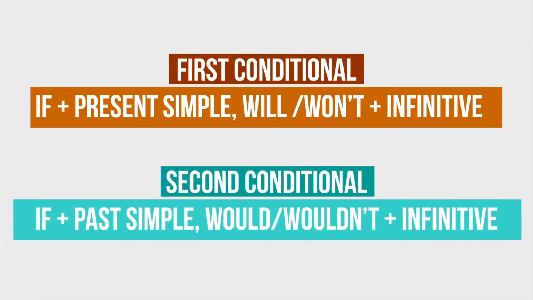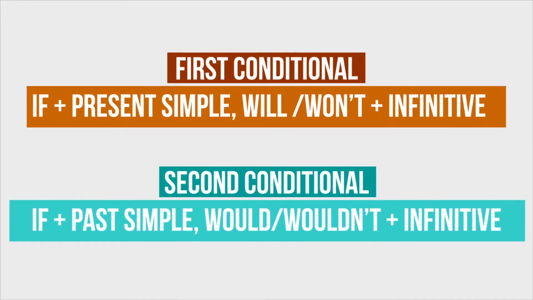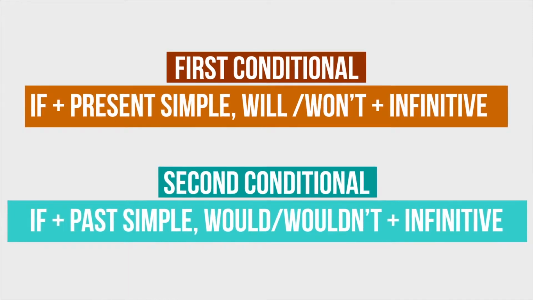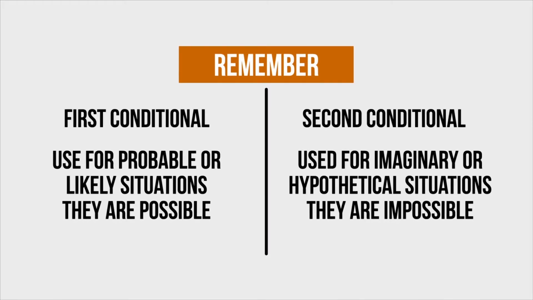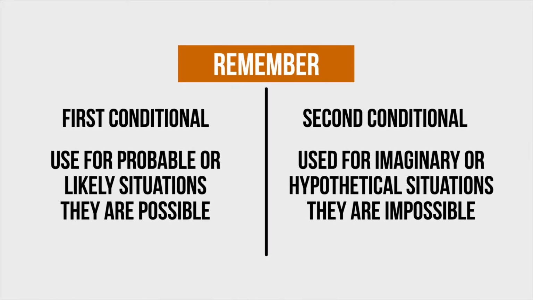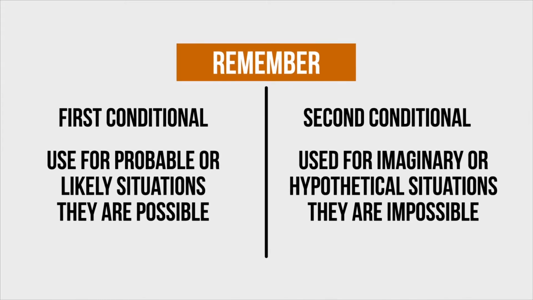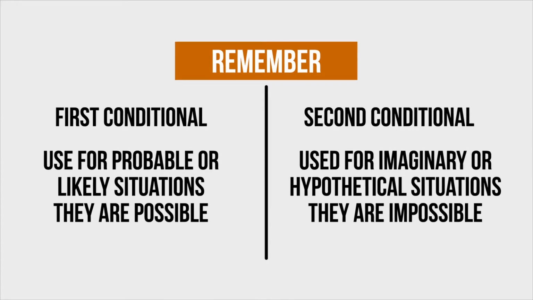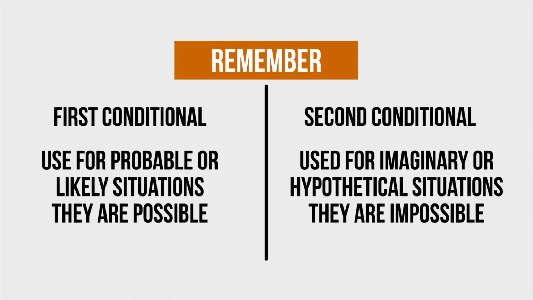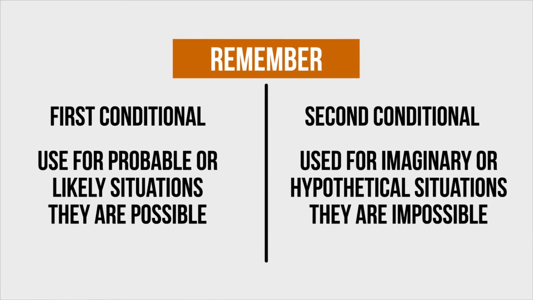If plus past simple, comma, would or wouldn't plus infinitive. Remember that this is a different form from the first conditional with a different use. To remind you, the first conditional is used for probable or likely situations. They are possible, whereas the second conditional talks about imaginary, hypothetical situations.